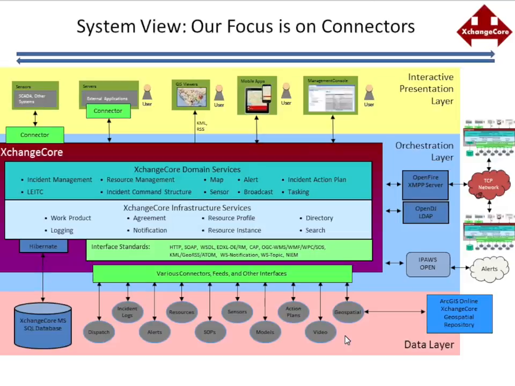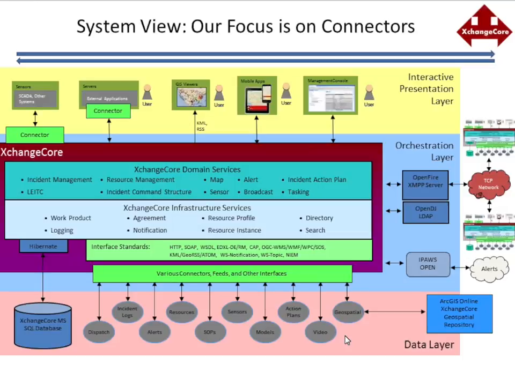Then moving up to the presentation layer, we have standard feeds coming out of the XchangeCore server for KML and RSS. So if you have a GIS viewer, you can connect to the core very easily, and that includes Google Earth, which we use quite a bit. We have mobile apps and sample code for mobile apps that can connect your mobile application into a core if you like.